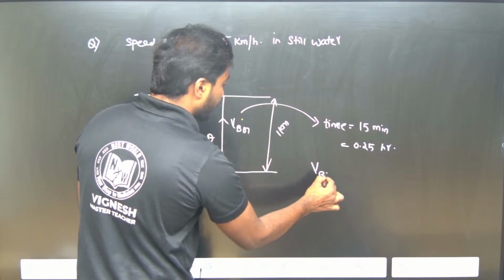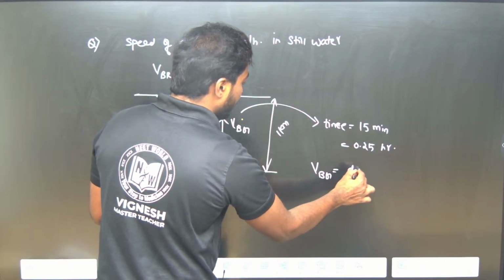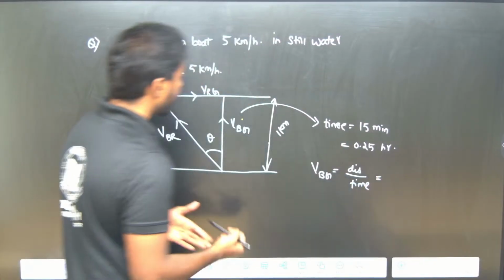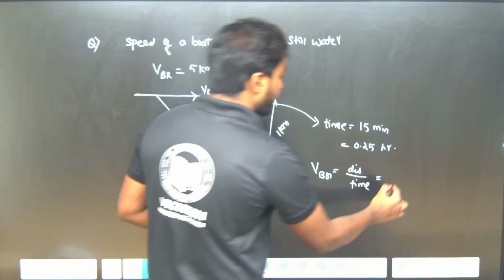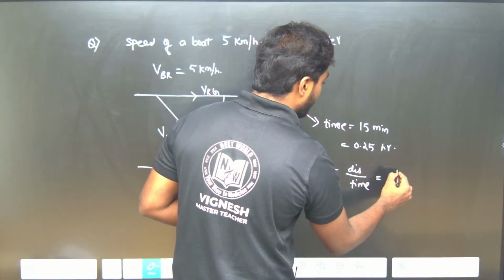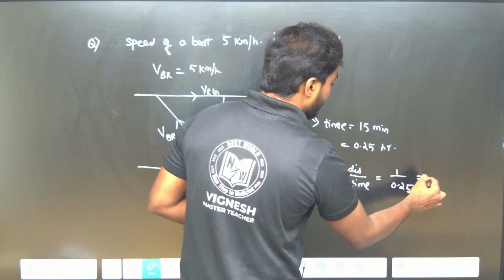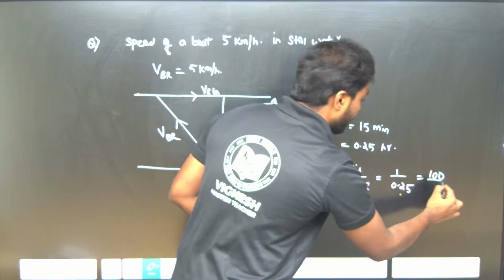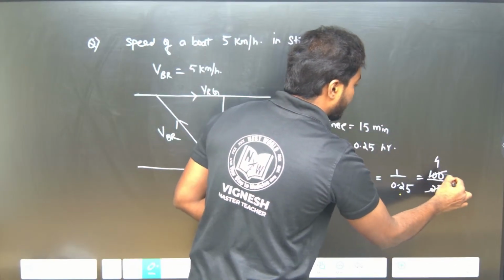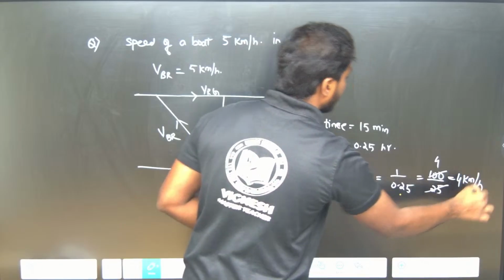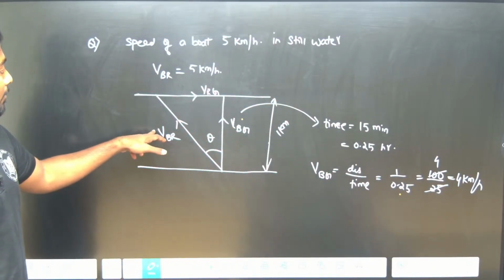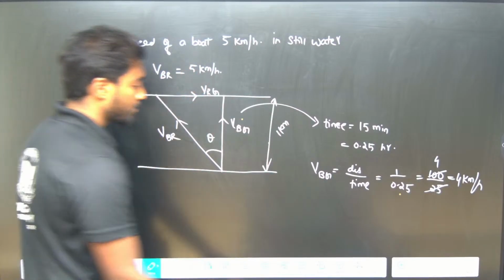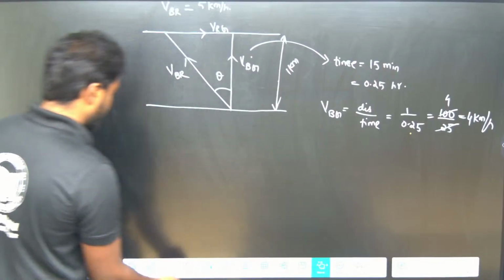Velocity of the boat with respect to ground is equal to displacement, the width of the river, divided by time taken, which is 1 km divided by 0.25, which will be 4 km per hour. With 4 km per hour and 5 km per hour, obviously this one will be 3 km per hour. A 3, 4, 5 triangle, no? Yes. I can find it here easily.